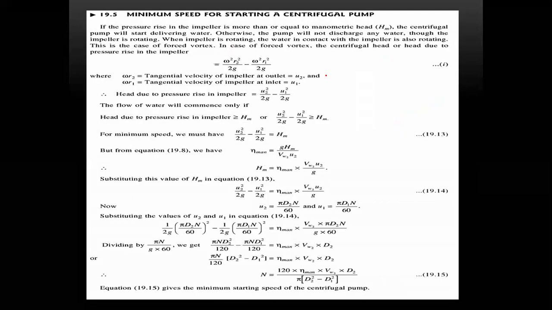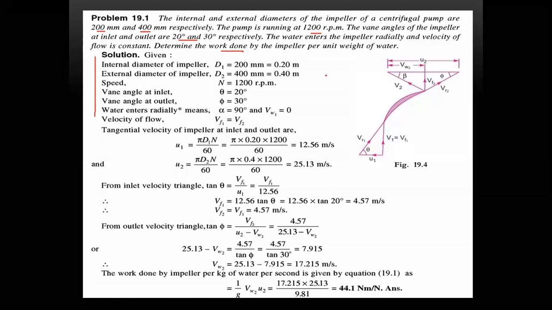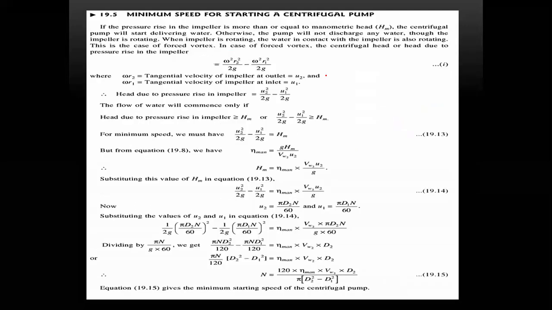Next, minimum speed. I am not explaining this problem because of no time. Only 2 minutes left. You check it once. Minimum speed for starting of the centrifugal pump. Yes, any problem? Okay.